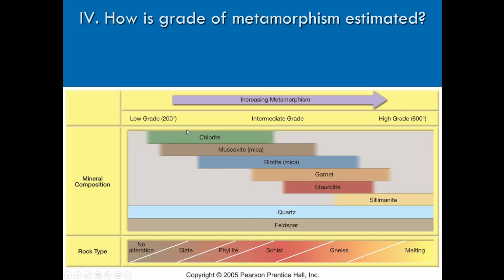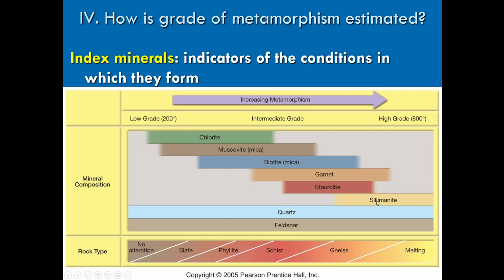And then there are these fun minerals that are typically associated with metamorphic rocks. They're called metamorphic index minerals. And they're useful because they tell you a little bit about the temperature under which these rocks formed. So, for example, in slate, phyllite, and some of schist, you can find a green mineral called chlorite.